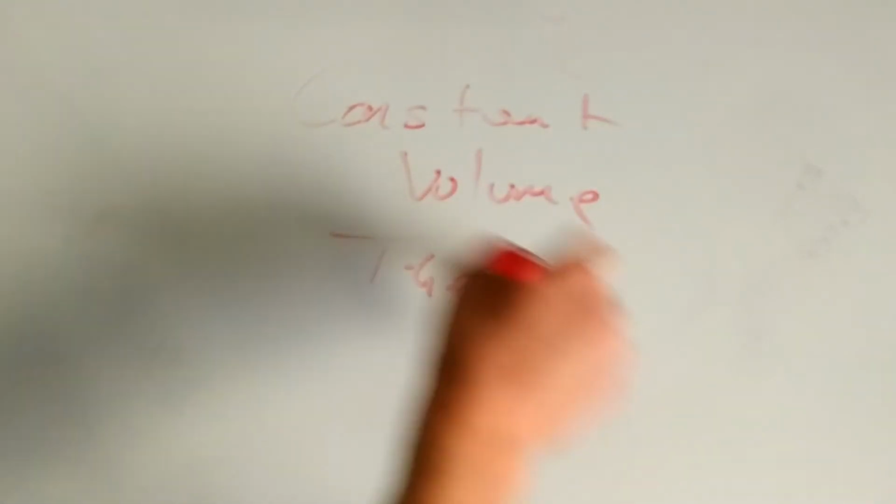And we're going to study the constant volume thermometer in the next video, and we're going to see why it's superior to the mercury or the alcohol thermometer. And also we're going to convert temperature scales and also learn about the ideal gas law.